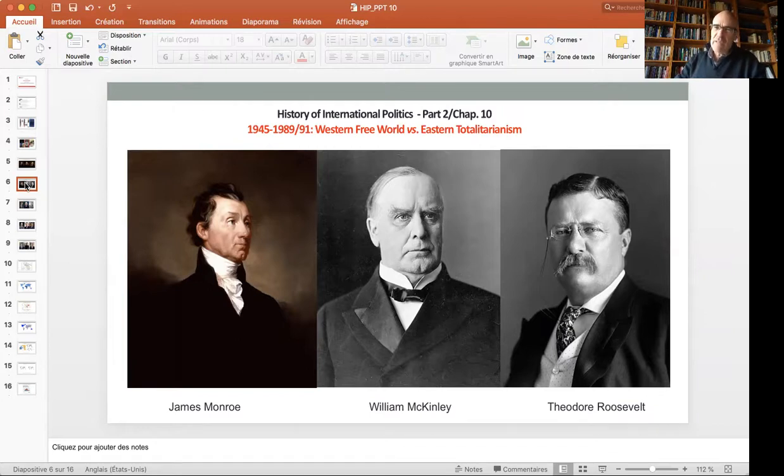And very concretely, this new version of the Monroe Doctrine turned Latin America into what we may call the United States' backyard.